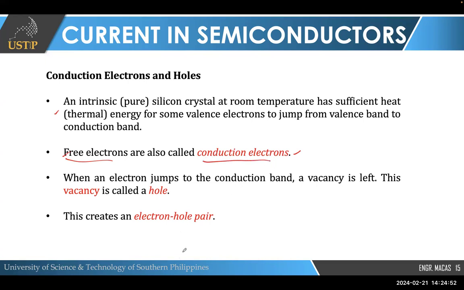So when an electron jumps to the conduction band, imagine in an atom, the electron in the valence shell jumps. It acquires sufficient energy, becomes a free electron, goes to the conduction band, and is now called the conduction electron.